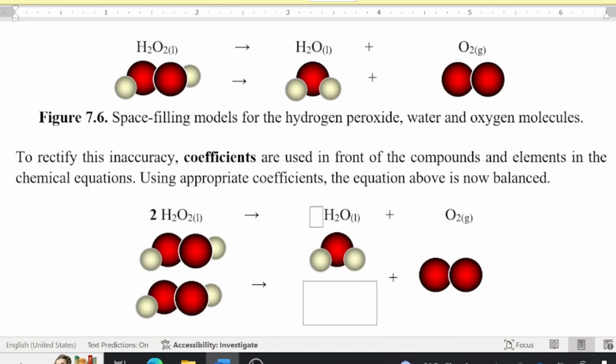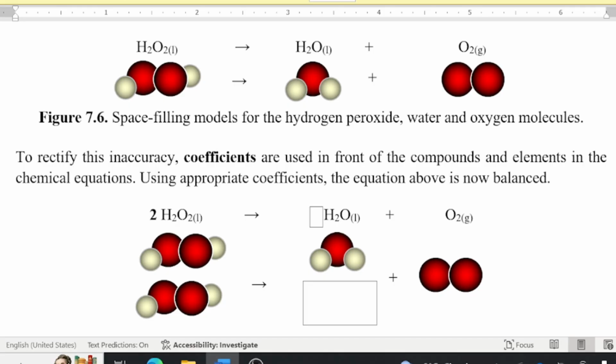Now watch this. Here we see there's less oxygen over this side. So the obvious thing to do is to make more of these. So we'll make another molecule of this here, and we get this. When you do that, you're actually doubling the number of hydrogen peroxide molecules. That's why now we're going to put a coefficient of 2 here.